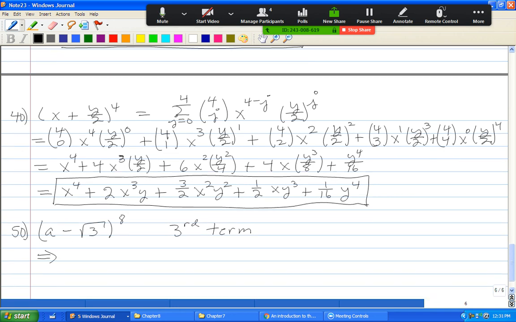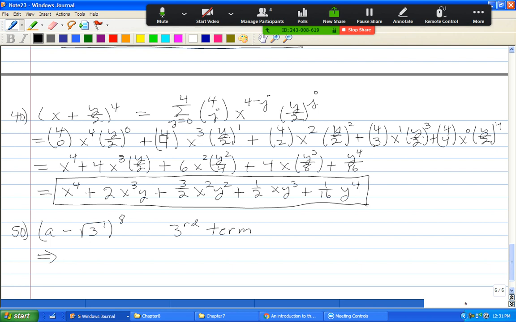Okay, so let's do the third term. So notice the following. Let's look above. The first term, well, look, it's a 0. Second term, third term, fourth term, fifth term. So each of these, well, they start counting at 0 rather than 1.